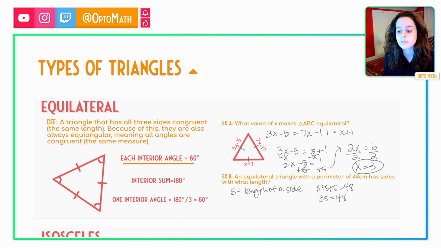We can use that same variable because all three sides are congruent. Now we just have to solve this equation. We divide both sides by 3, and now S equals 16. So each side is 16 units, since it didn't tell us if it was inches, feet, whatever.